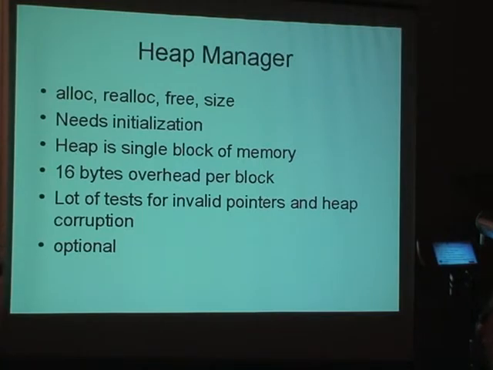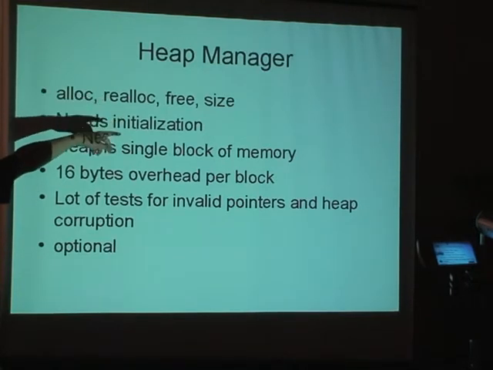Then there is dynamic memory called heap. FASMLIB has its own heap manager, but if the operating system provides a heap manager, FASMLIB uses that one, as that is more convenient and can be handled by other tools which work with the heap manager. For Linux, where at the system code level you don't have any heap manager, it has its own usual procedures: allocation, reallocation, freeing, and getting the size of a block.